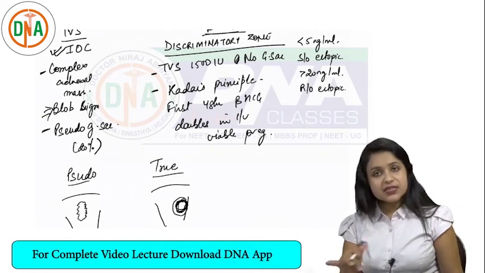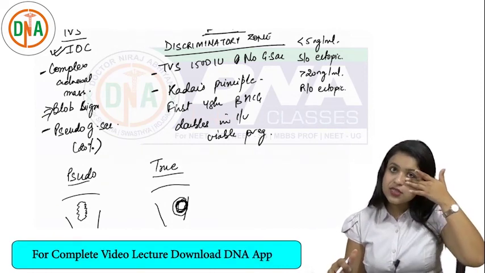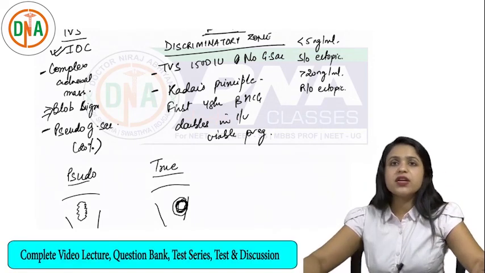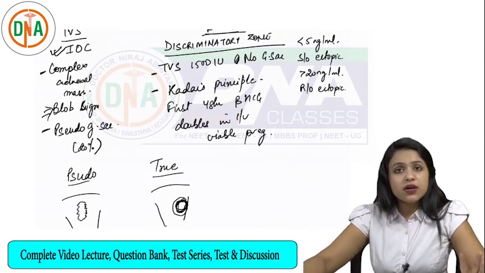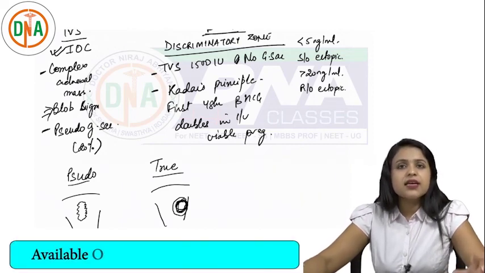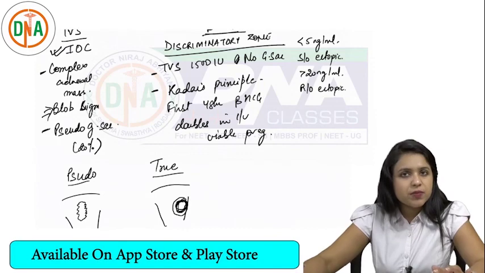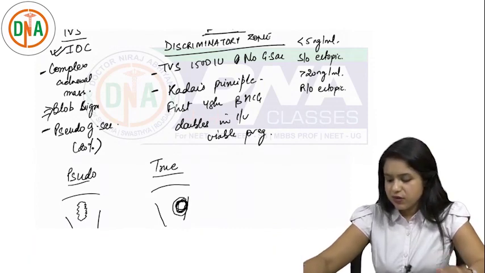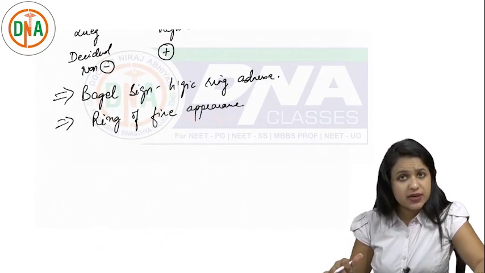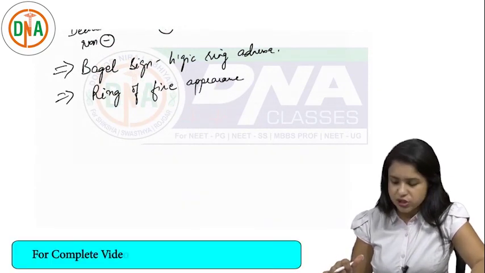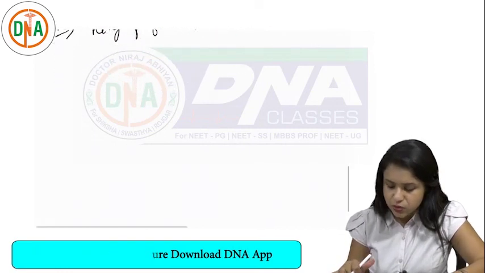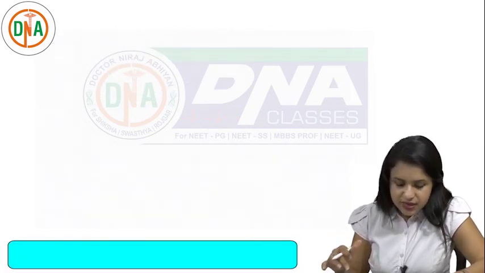So if it has crossed the discriminatory zone and intrauterine pregnancy can't be seen, or beta HCG is not doubling in 48 hours, then it could be an ectopic pregnancy, or apart from ectopic pregnancy, it could be a failed pregnancy or pregnancy of unknown location. So these are the three things that help us come to a conclusion and make a diagnosis.